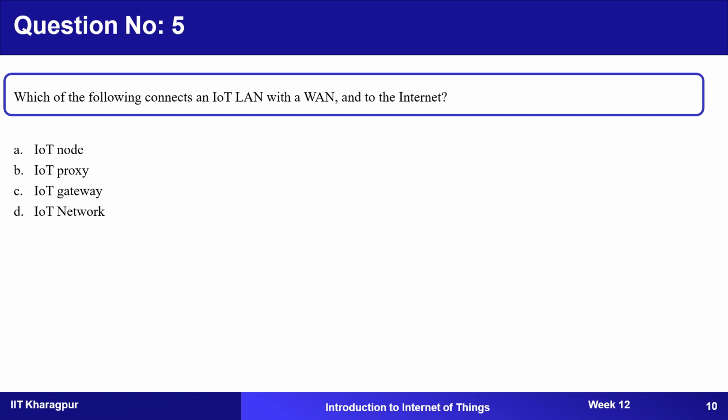Next question is, which of the following connects an IoT LAN with a WAN and to the internet? Options are IoT node, IoT proxy, IoT gateway, IoT network. B, ma'am, IoT proxy. Okay. Anyone else?